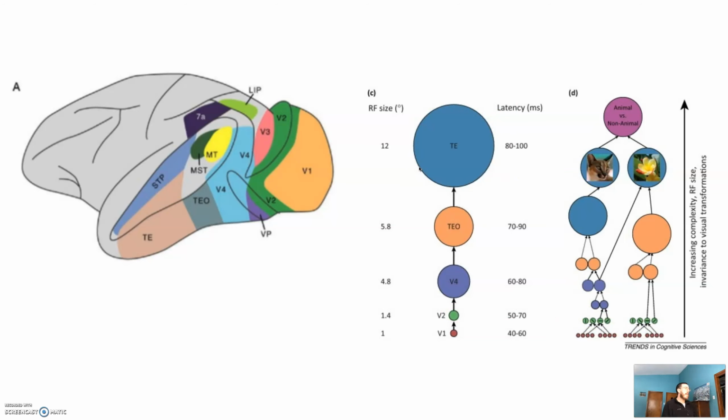What we'll see is that a couple of things change as we move up to the higher levels of the brain. One is that the size of the receptive field gets bigger. As more and more of these low-level signals combine into higher and higher levels, they represent a bigger and bigger section of the visual world.